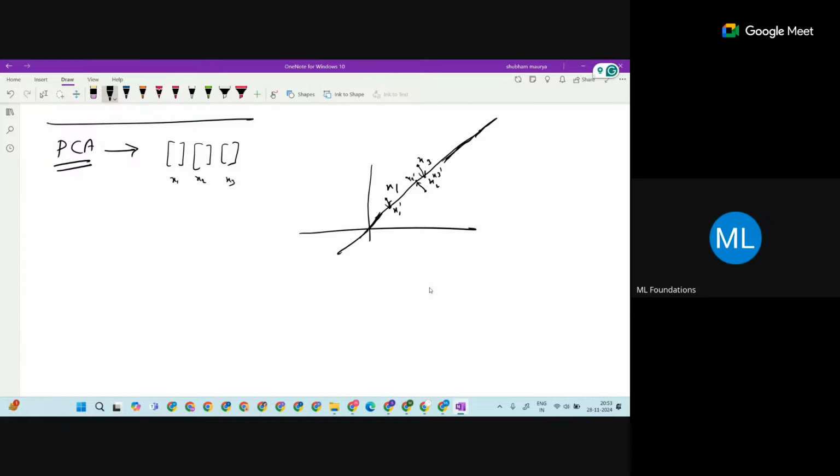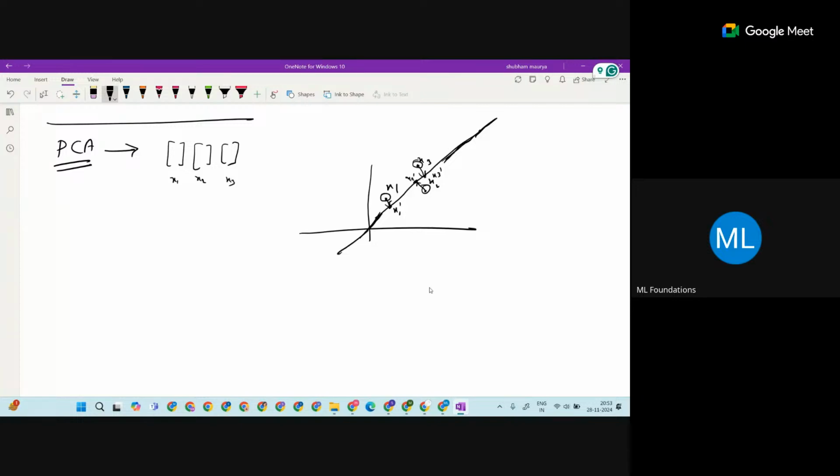Previously I had to study each one independently, but now I can study only X1, because X2 and X3 just depend on it on the same line. I'm getting approximate data for X2 and X3.